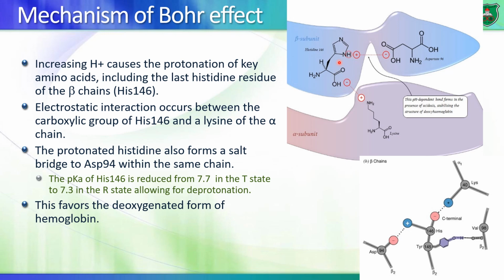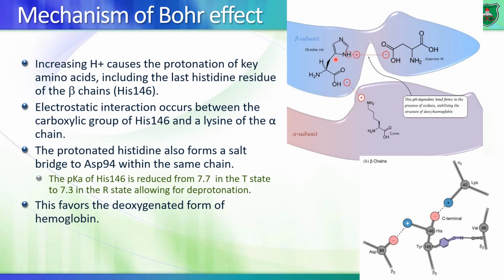It has the carboxyl group, the carboxy terminus, that is, of the beta subunit, and the R group of histidine. And these two groups can form electrostatic interactions. Now, the carboxyl group forms electrostatic interactions with lysine that exists on the alpha subunit. Okay? And the second one is between the R group of histidine 146 with aspartate 94.